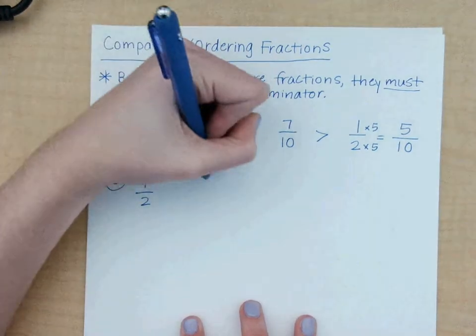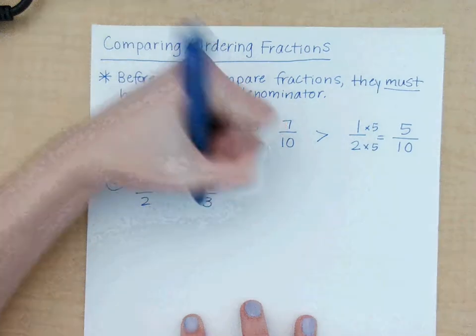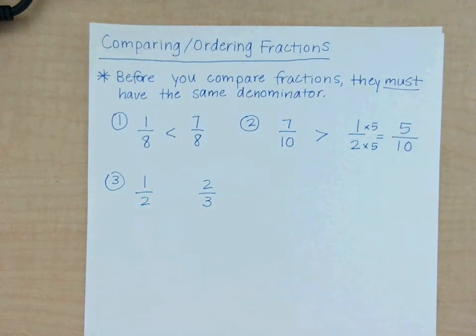Okay? So let's try another one. What if I gave you 1/2 and 2/3? Can I make one the same as the other? No. Like we did in the second example, 2 is not a factor of 3, and 3 is not a factor of 2, and we can't make that work. But what could we do? Multiply by 2 and 3. So what common denominator are we going to use? 6. You want to look for a multiple that they have in common, or the least common multiple.